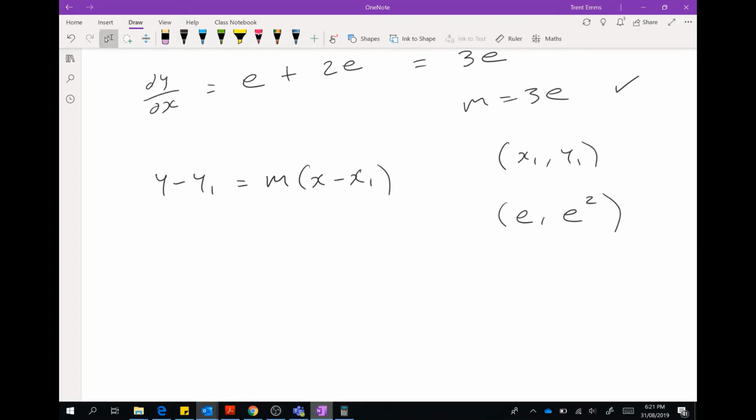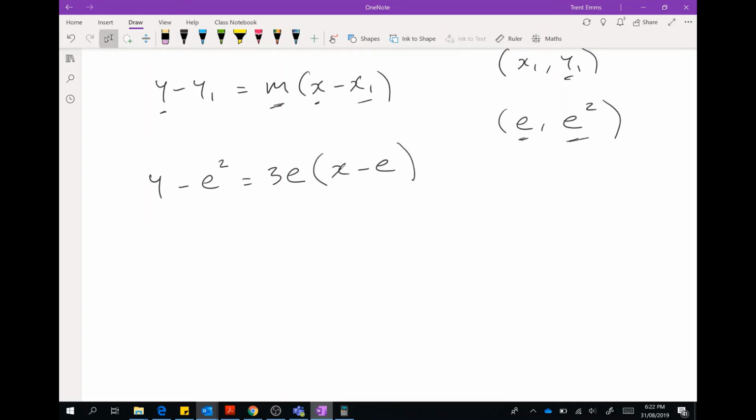So y1 is e squared, chuck that into here. Gradient m is 3e, x is x, they're just the variables, so you leave them as y and x, and x1 is e, so minus e.